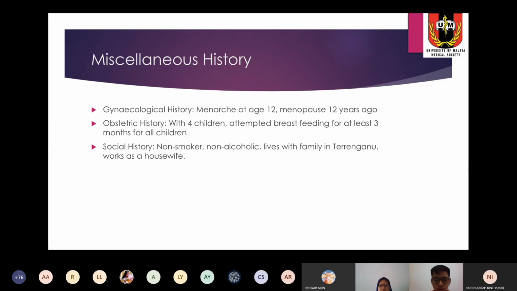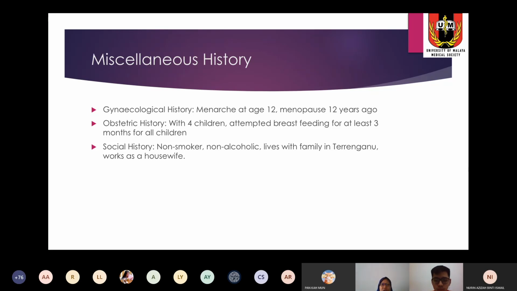When you talk about risk factors, it means any time during her whole life, even before, you also need to know. Because you want to know how long this patient has been exposed to estrogen. The longer the patient is exposed to estrogen, the higher the risk of developing breast cancer.